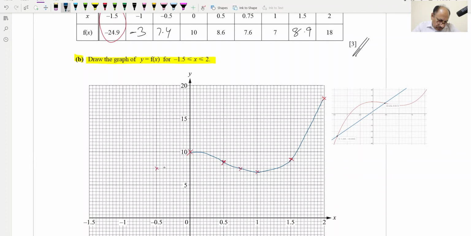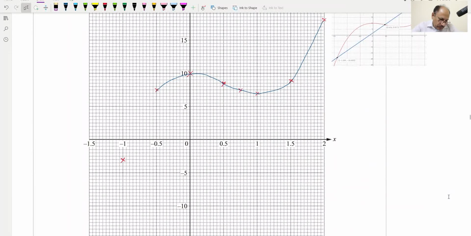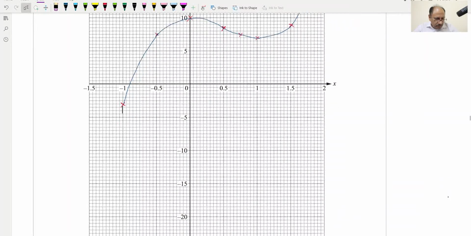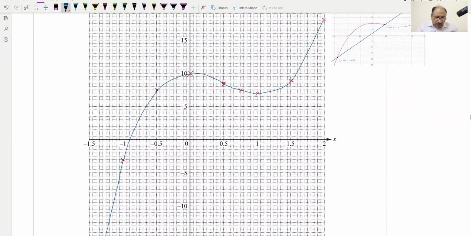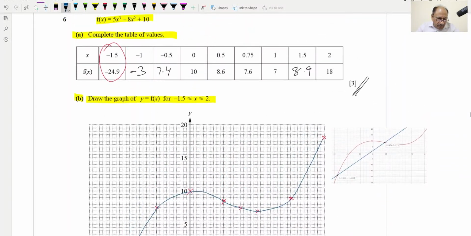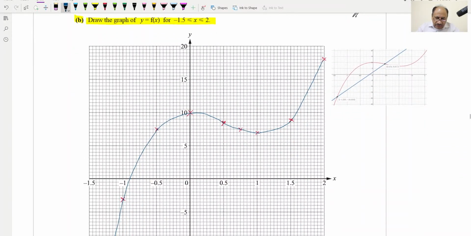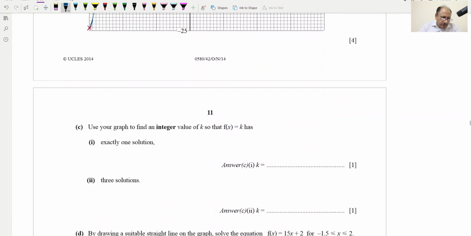This side we can rectify, and now we will be drawing this. You will have to draw basically a smooth curve freehand without ruler, without scale, and this will be roughly like so. So we have drawn the curve, and now after drawing this one, what will be our next task? Our next task is C part.